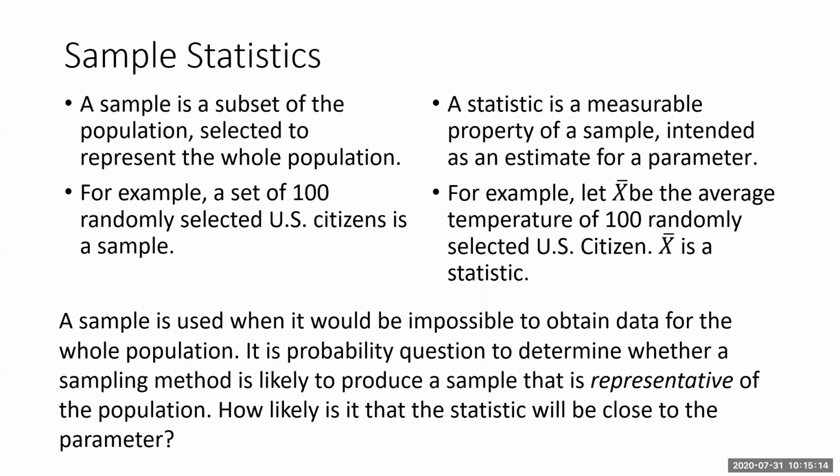That's the sample mean of X, and it's intended as an estimate for the population mean of X. And the probability that it's close has a lot to do with how you get your sample. We want the sample to be representative of the population. What do I mean by representative? I mean that the sample is like the population.